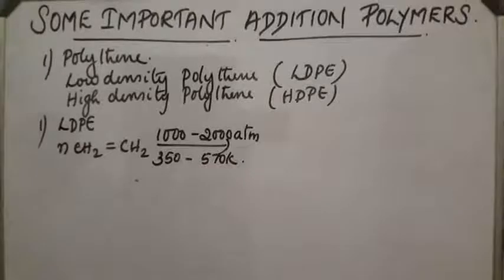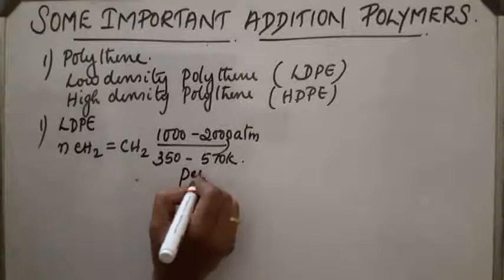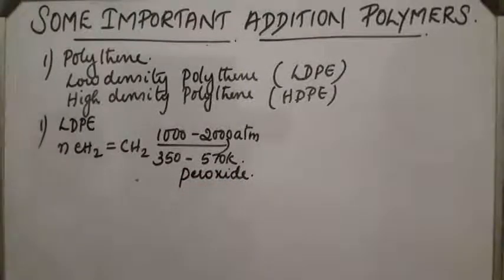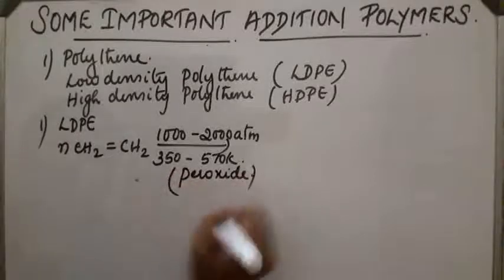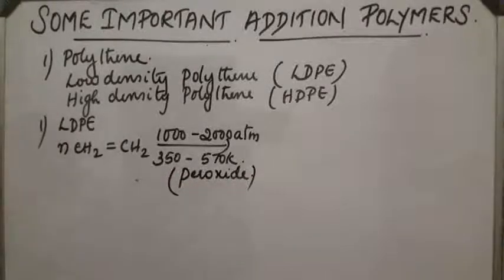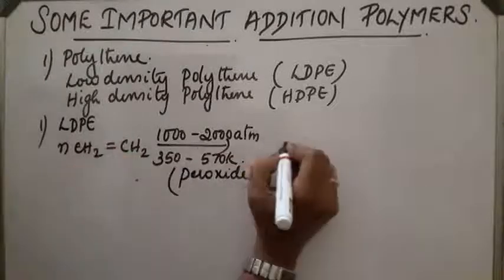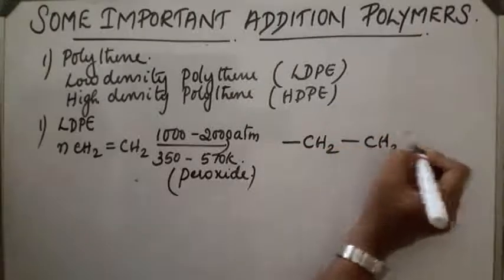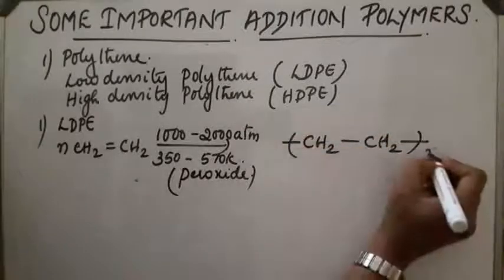The reaction takes place. And the catalyst used is traces of dioxygen or a peroxide catalyst. So the reaction takes place, this bond breaks and it gets polymerized and forms LDPE.